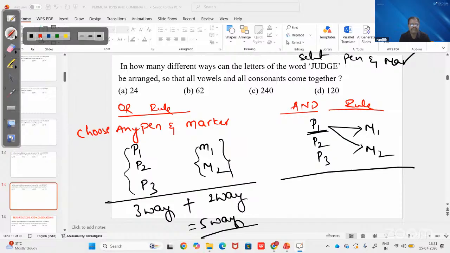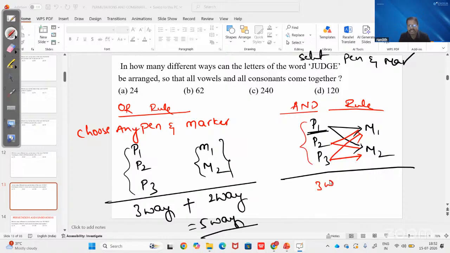After selecting the P2 pen, he can go with M1 or M2. After selecting P3, he can choose M1 or M2. 3 pens can be chosen in 3 ways, 2 markers in 2 ways. So 3 into 2 equals a total of 6 ways.